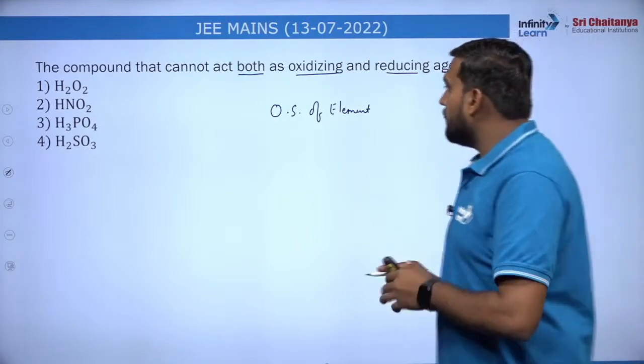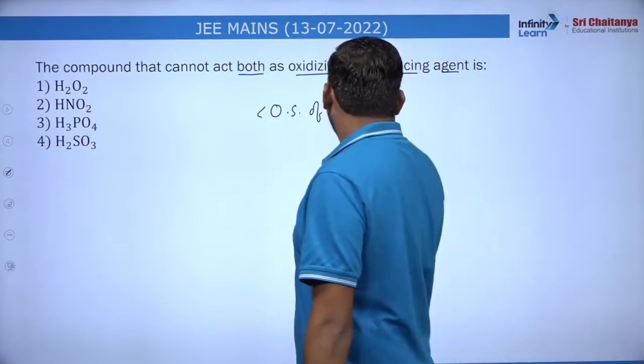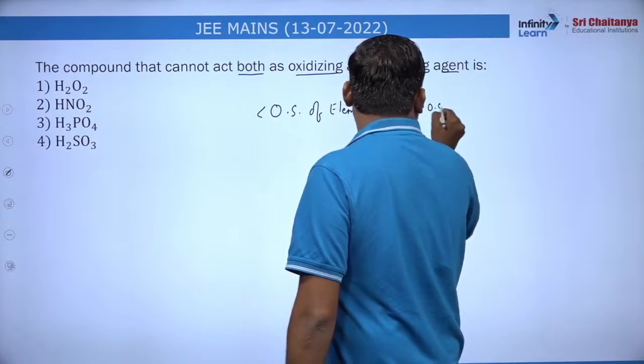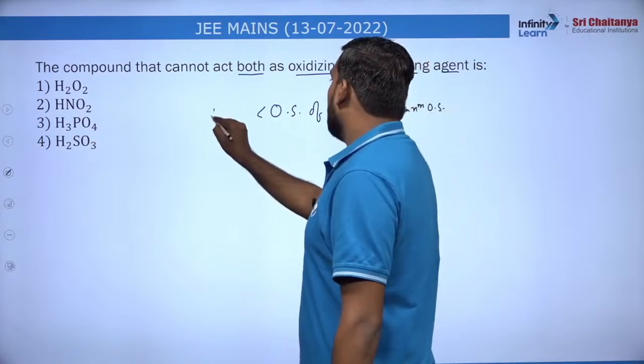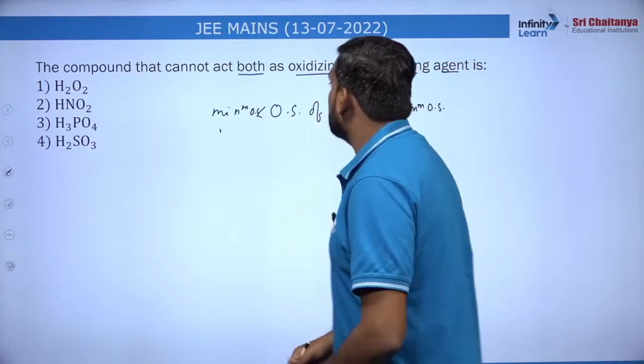If the oxidation state of the element lies between the maximum oxidation state and the minimum oxidation state, then in those cases it is going to act as both.